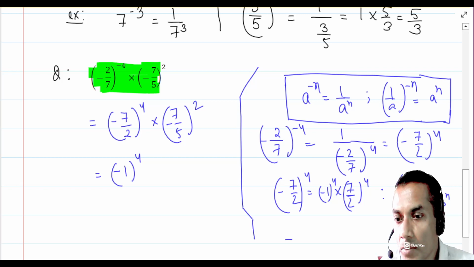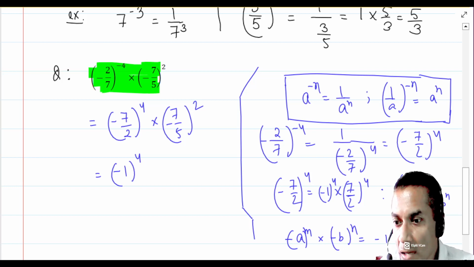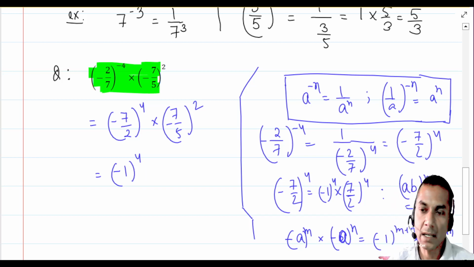If I told you minus a to the power m into minus b to the power n, you already know that you can write here minus 1 to the power m plus n into a to the power m plus n. Here it is a, here not b. Base remains same. To add the power, you have to consider the base remains same.